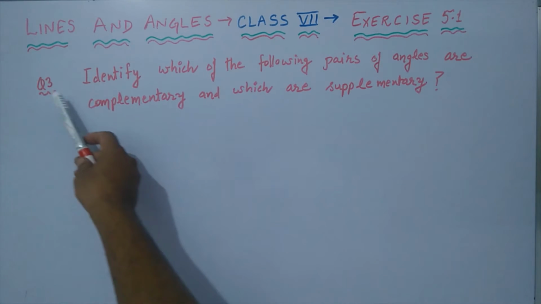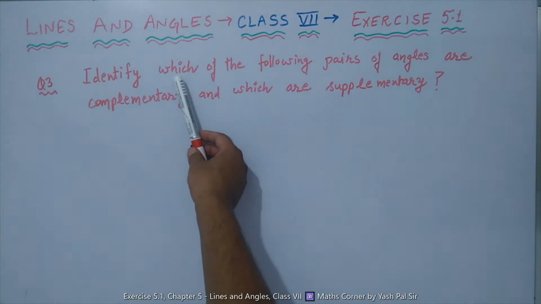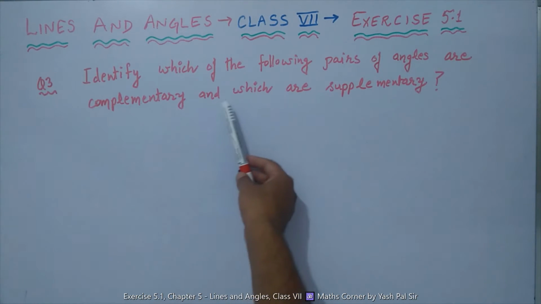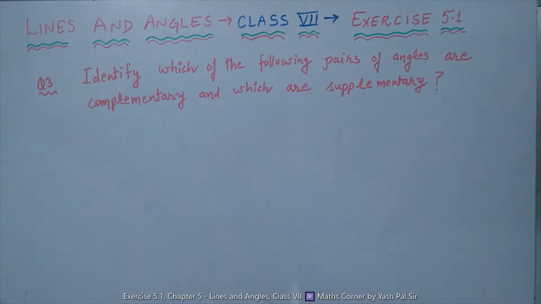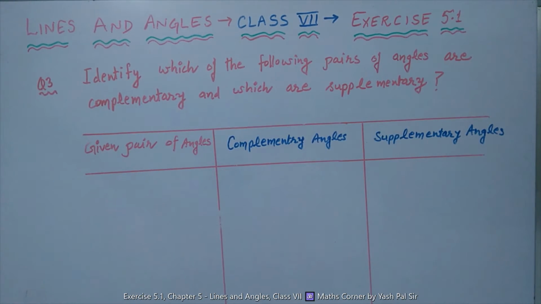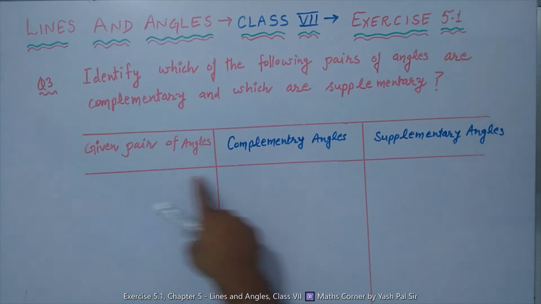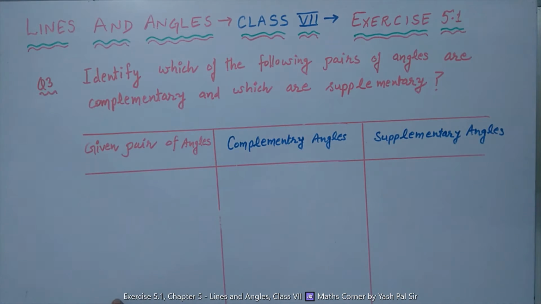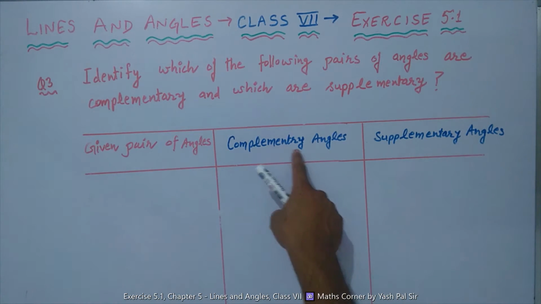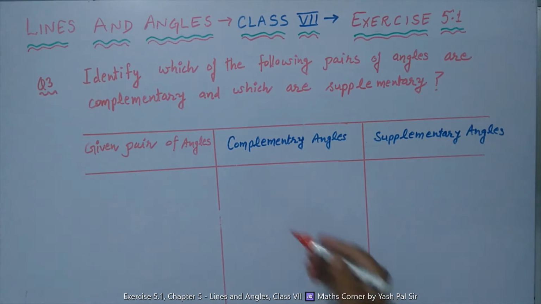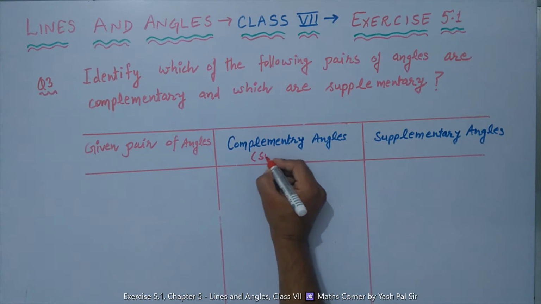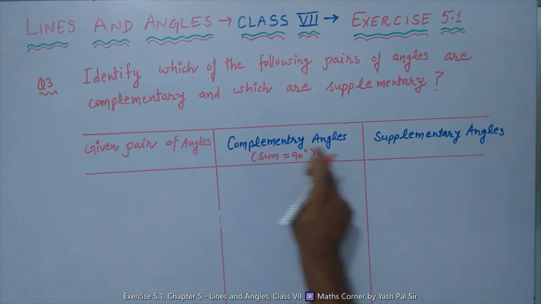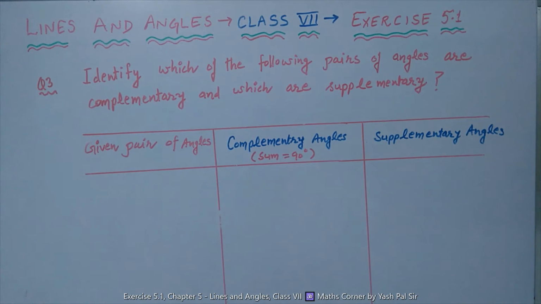Now what is there in question number 3? Identify which of the following pairs of angles are complementary and which are supplementary. Here what we are doing, we are making one table. Here we shall write given pair of angles, and if the sum is equal to 90 degree, then the angles are called complementary angles.